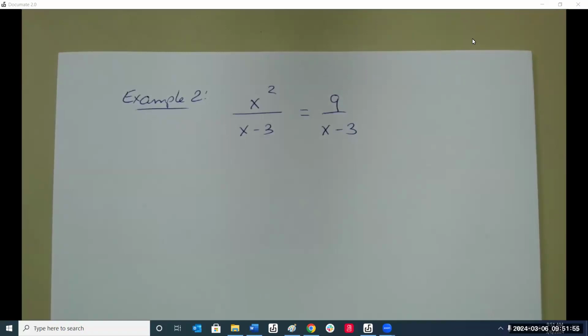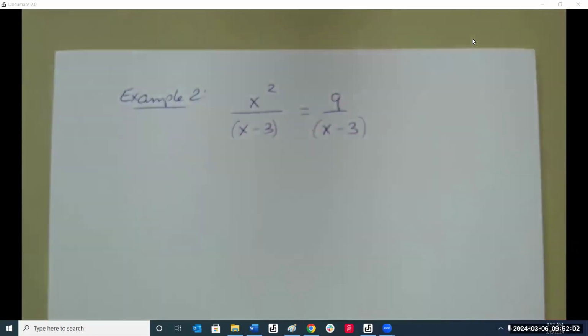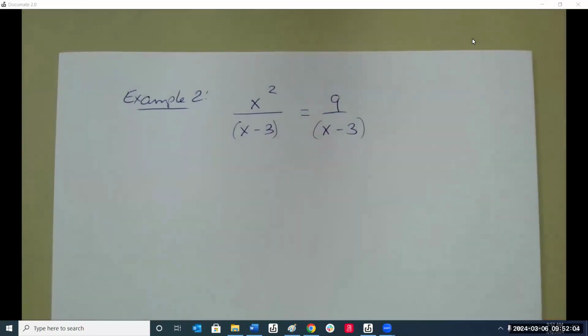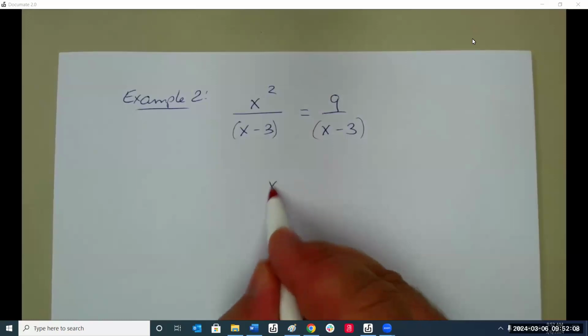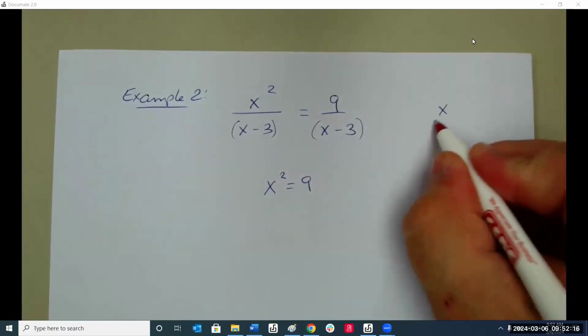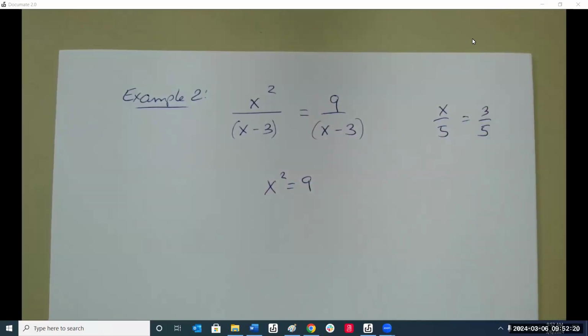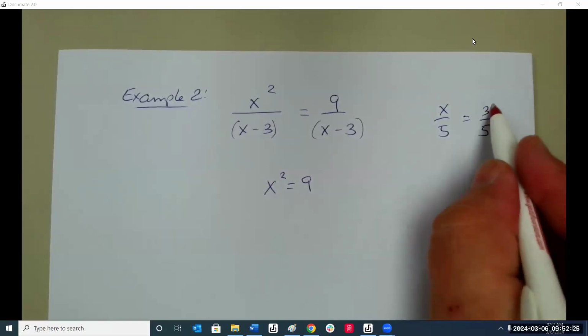Since the denominators are the same, the only way they could be equal is if the top is equal. In other words, if I had x over 5 equals 3 over 5, what does x have to equal? It has to equal 3.